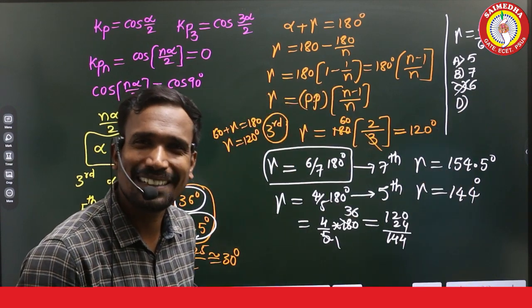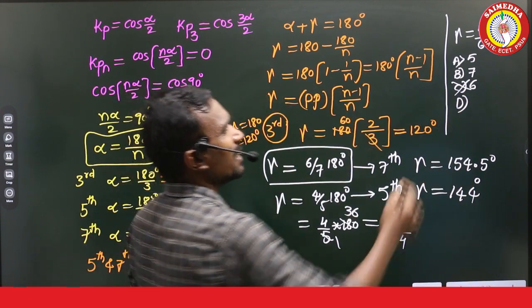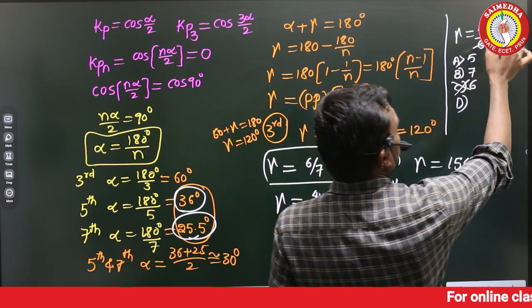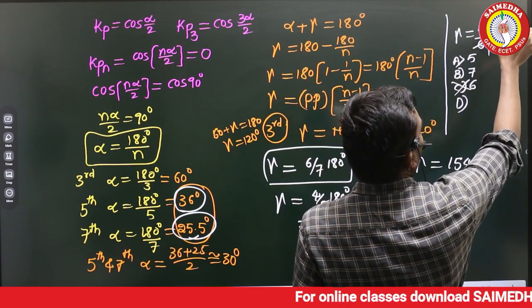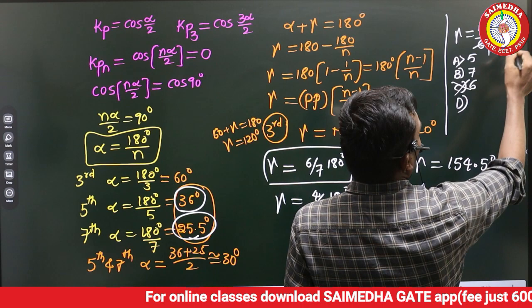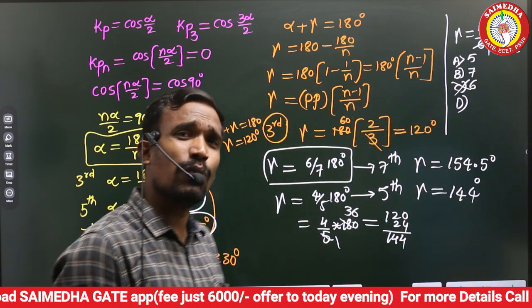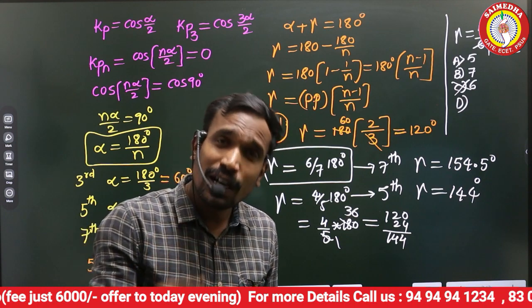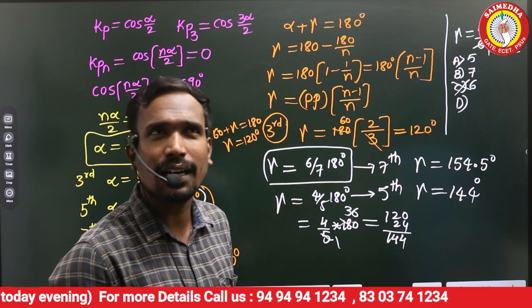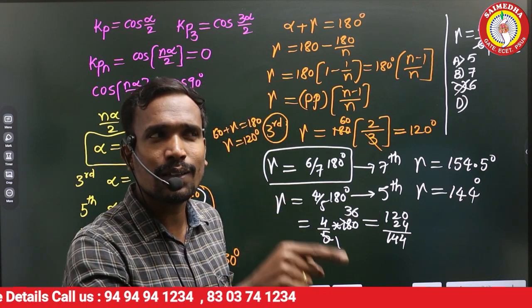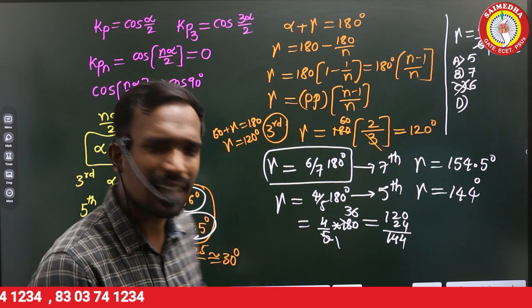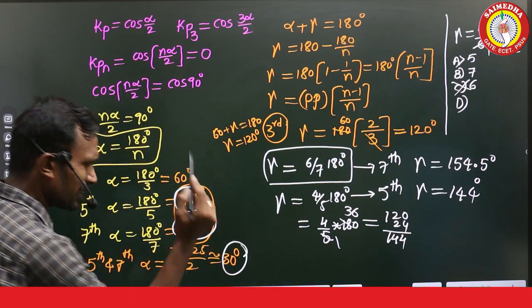Then which order harmonics are eliminated? Let's see. Gamma is equal to 6 ones are 6, 6 fives are 30, so 150. If gamma is 150, what will be alpha? 180 minus 150, so alpha is 30 degrees, right?